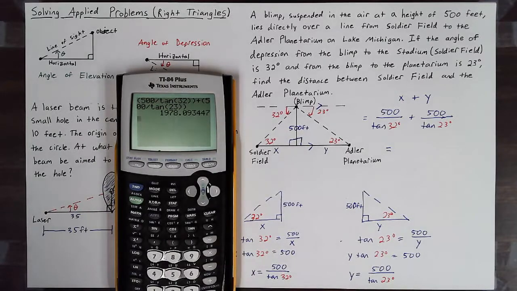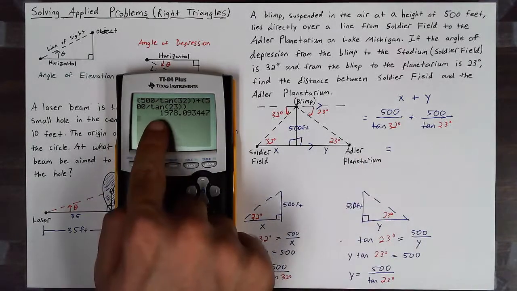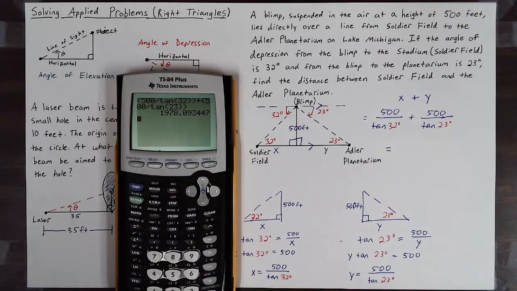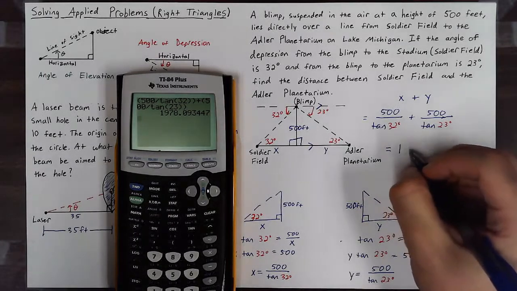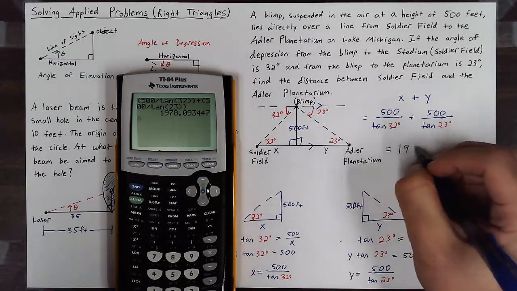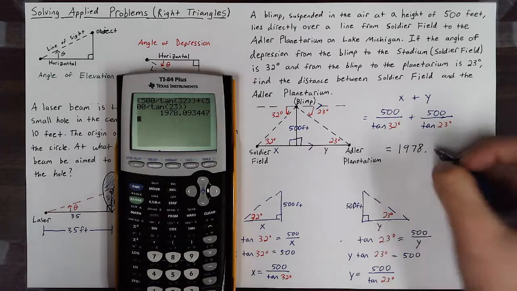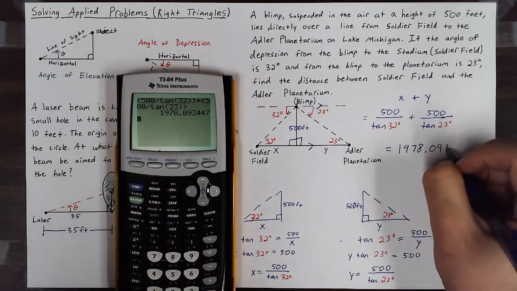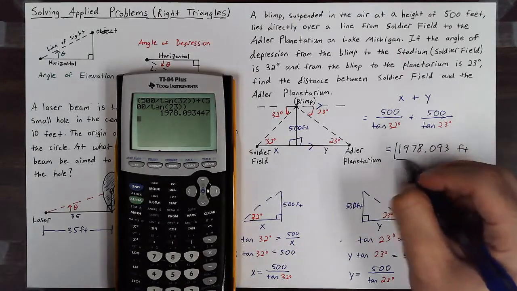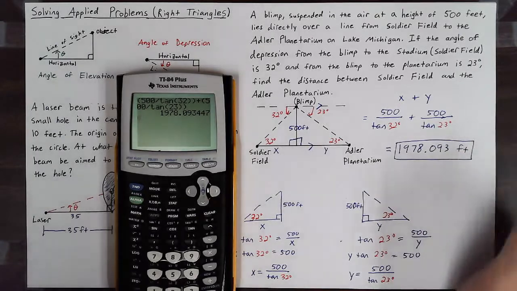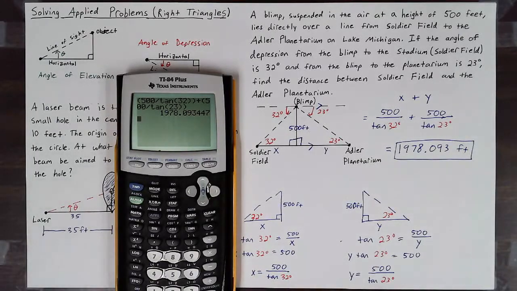Hit enter, I get a distance of 1,978 feet. So 1,978.093 feet. And that is how you solve applied problems involving right triangles.